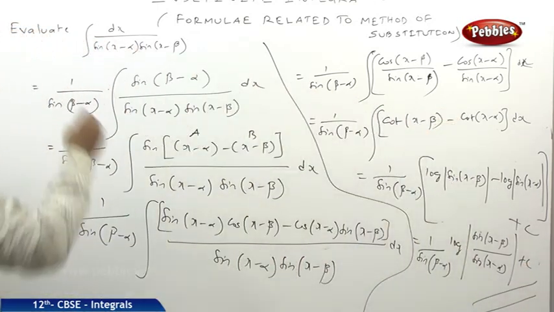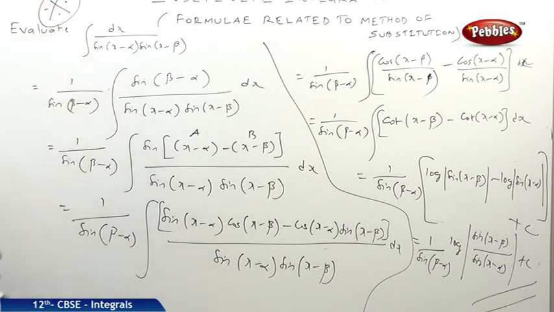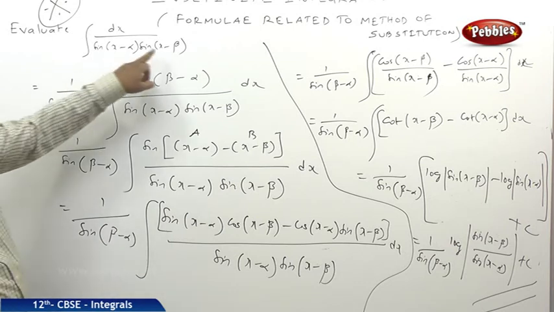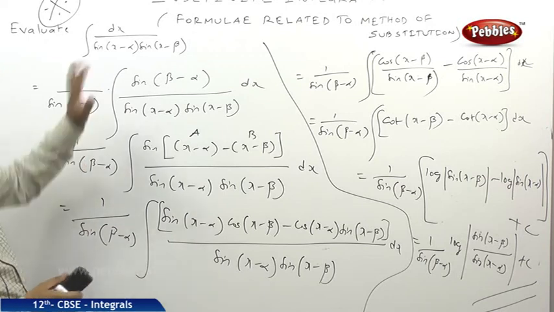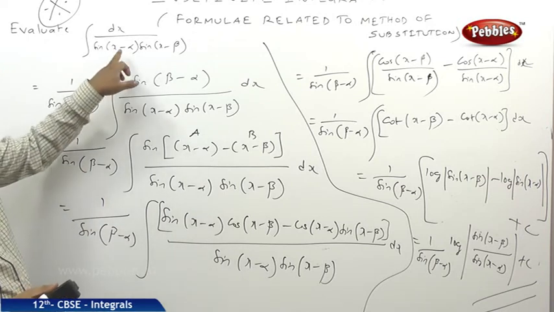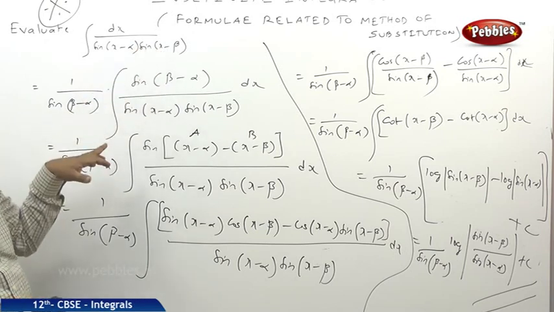It's a very important question. I am repeating once again: integral of dx by sine of x minus alpha into sine of x minus beta. What technique did we observe? We need to subtract the difference between the angles and apply sine.